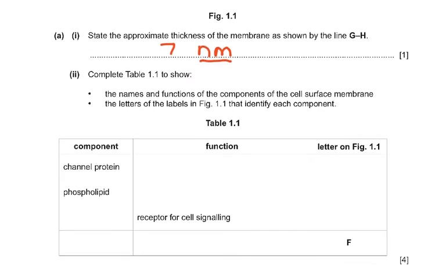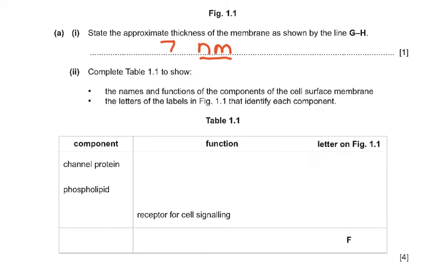Complete table 1.1 to show the names and functions of the components of the cell surface membrane, and the letters of the labels in figure 1.1 that identify each component. So channel protein, what is the function of it?